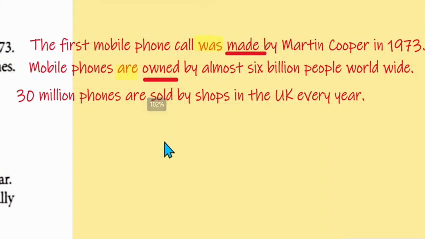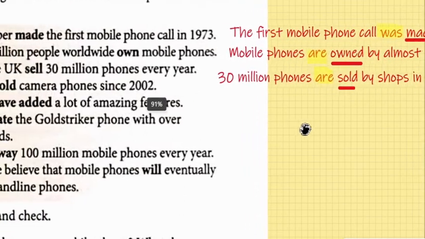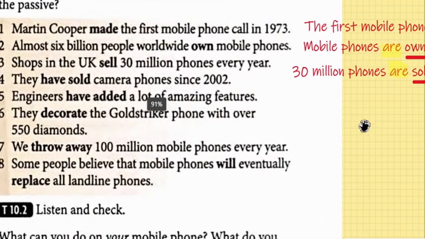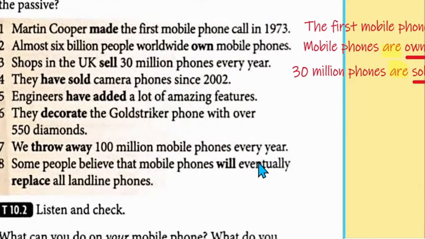Again, we have the to be of the present and verb 3. Number 4: They have sold camera phones since 2002.